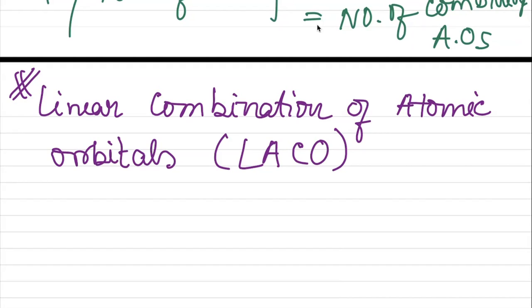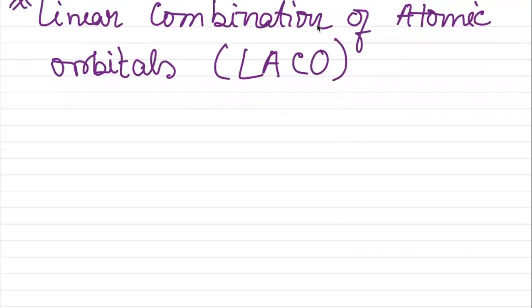So this concept is based on a single atomic system. Linear combination means here two atoms combine linearly. The atoms are considered as wave functions, so they are combined.